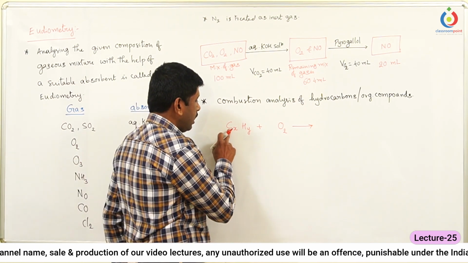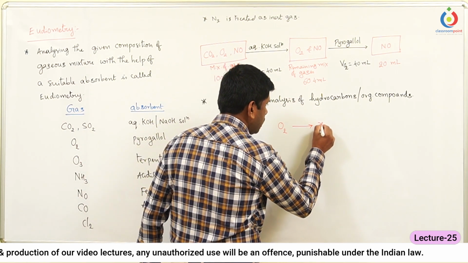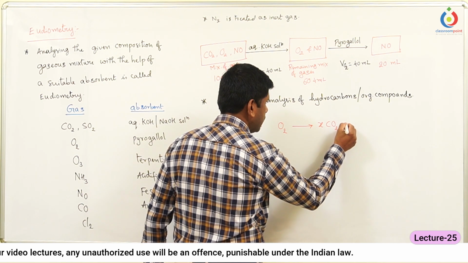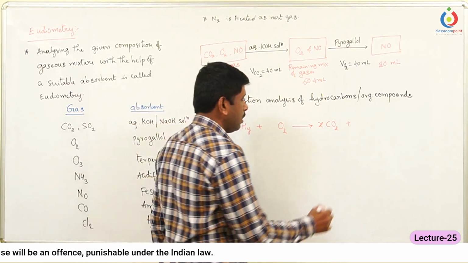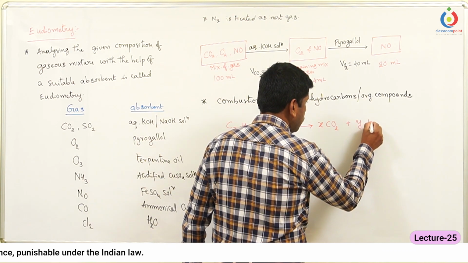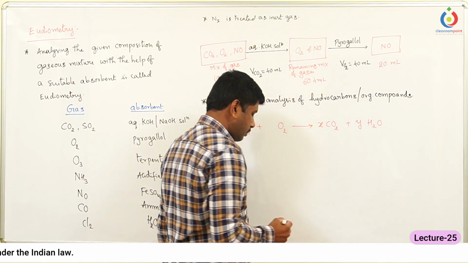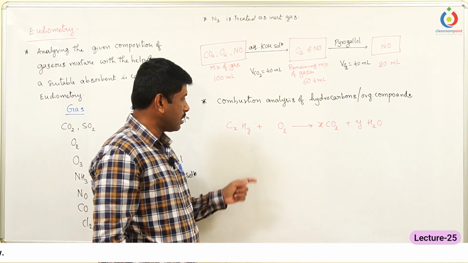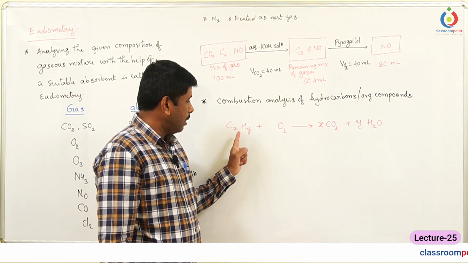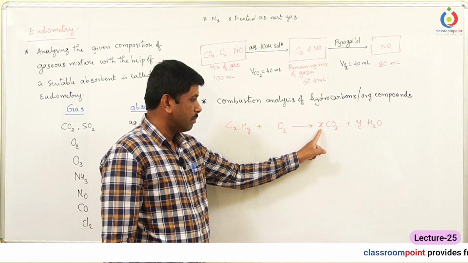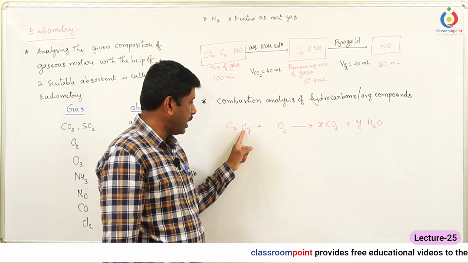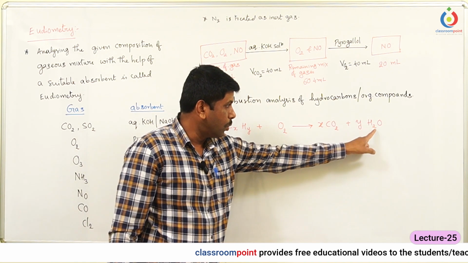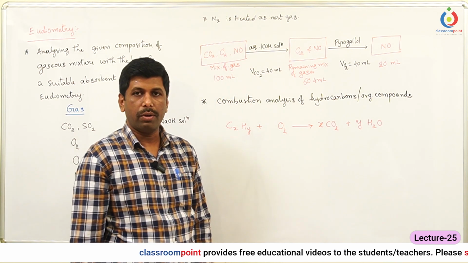So here x carbons will convert into x moles of carbon dioxide, and hydrogen will convert into y moles of H2O. Now if you see, the reaction is not balanced. Here carbons are balanced, x carbons, but hydrogens are not balanced, because here y hydrogens are there and here 2 into y, 2y hydrogens are there.